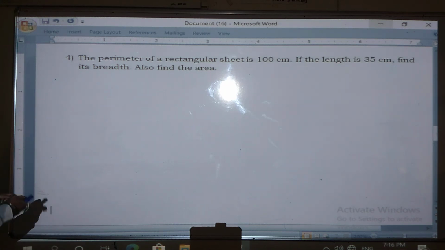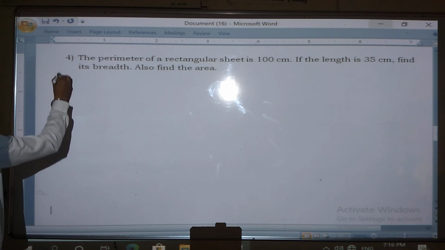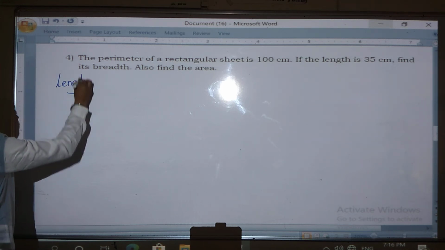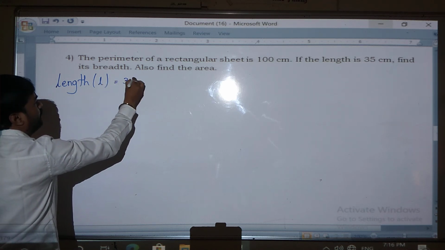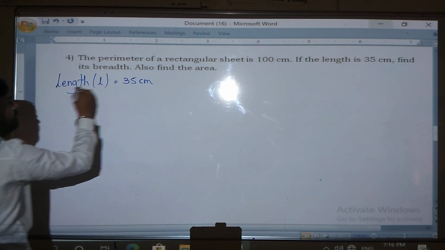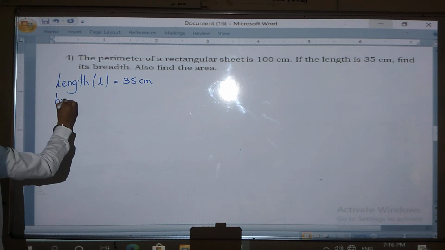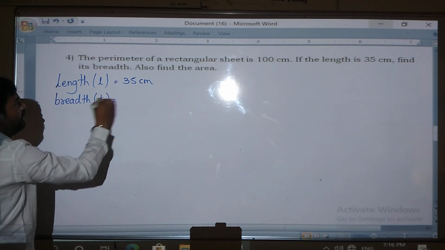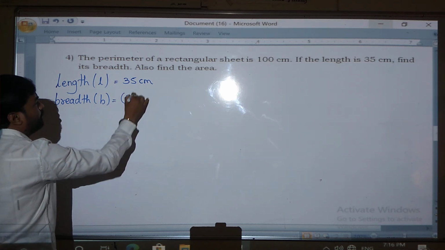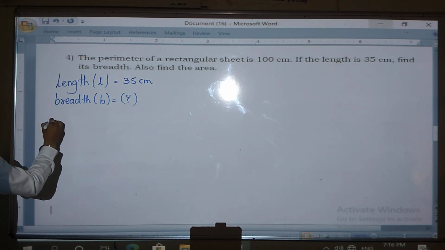હવે અહીંયા ઊંધું છે, so which information is there? Let's write first length. L is equal to 35 centimeter. Second, breadth B is equal to, we have to find, and what is given to you?